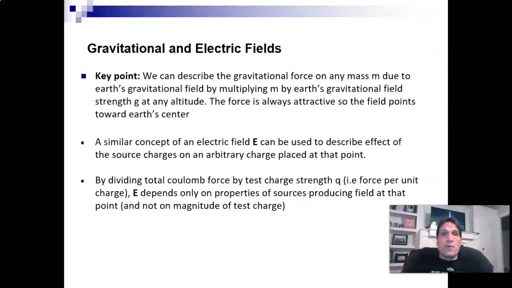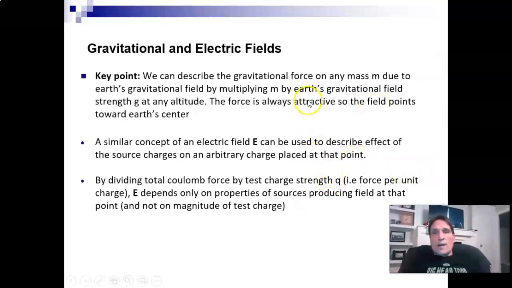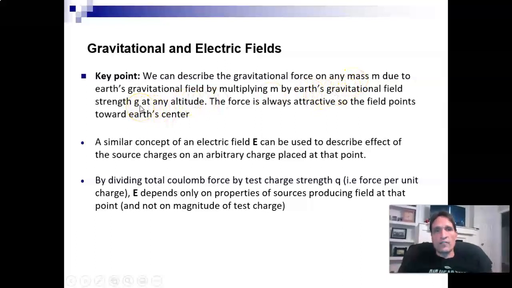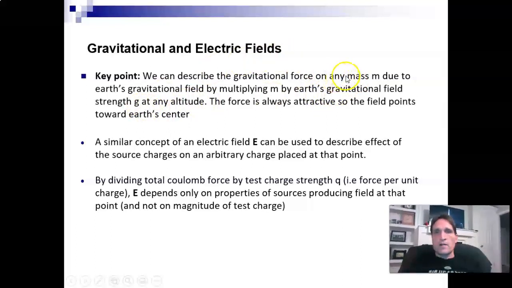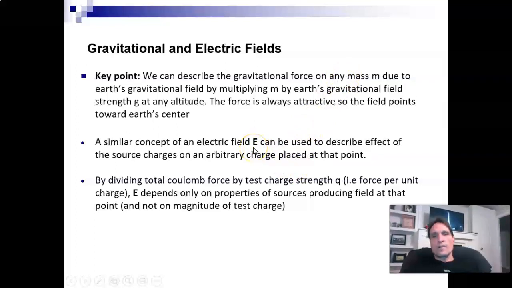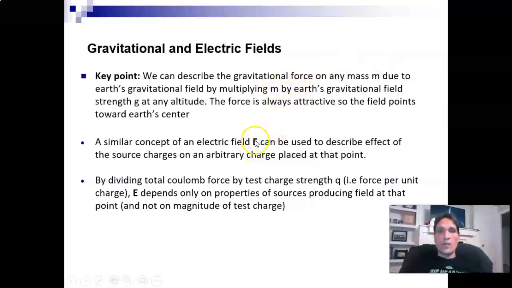Okay. So the key point here is that we can describe a gravitational force acting on any mass simply by calculating the Earth's gravitational field strength, little g, at any altitude, and then multiplying it by m. Okay. We can do a similar thing for the electrical force if we define this quantity called the electric field, and we're going to denote that with a big E. And this plays the same role as little g did with gravitation.